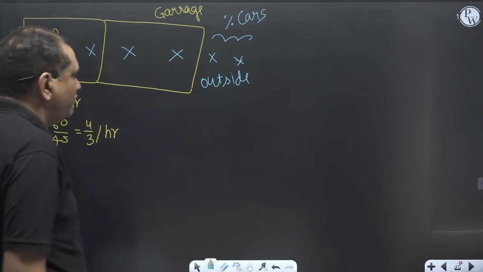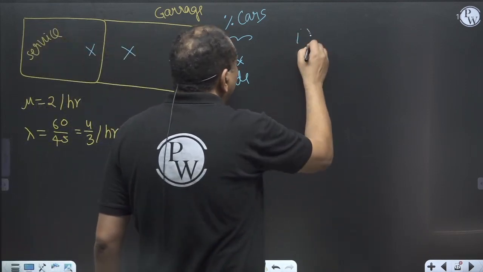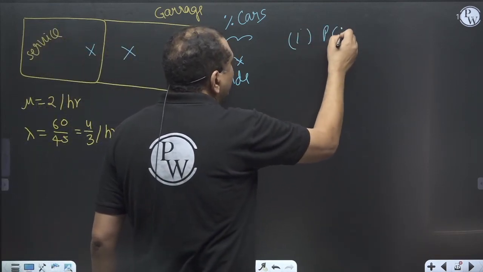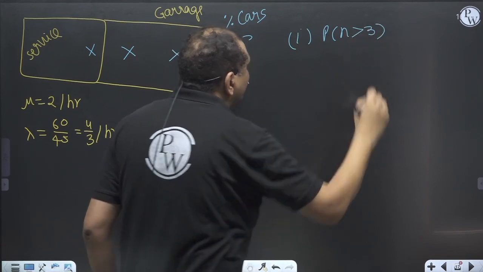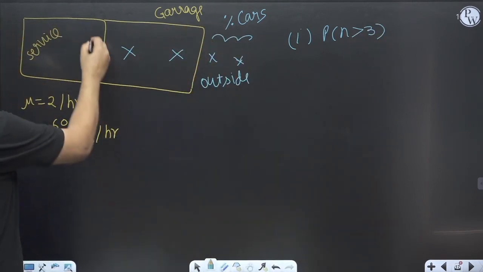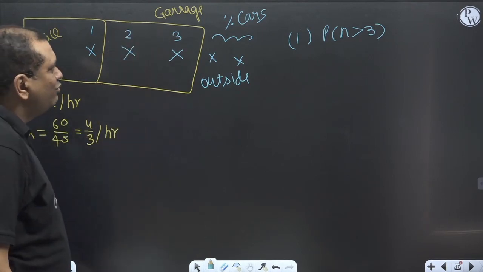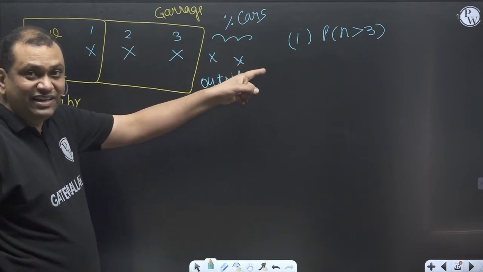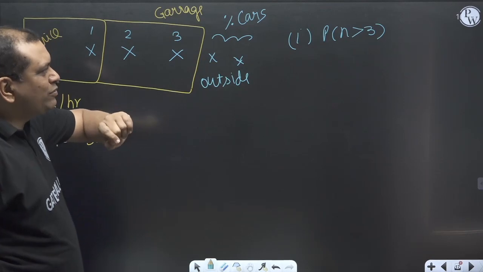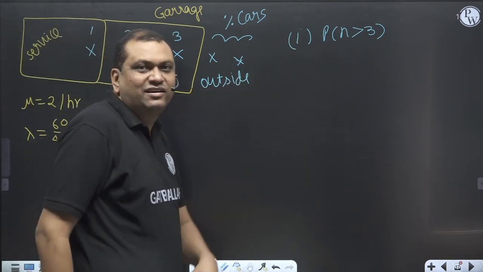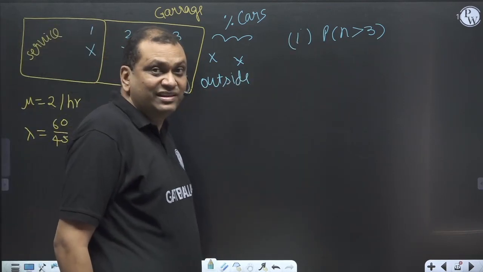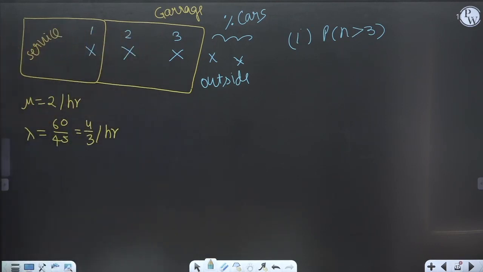So the first question is very easy. The question is asking what is the probability that the number of cars is more than 3. First car, second car and third car; from the fourth car onwards, it is outside. So what is the probability that the number of cars is more than 3?